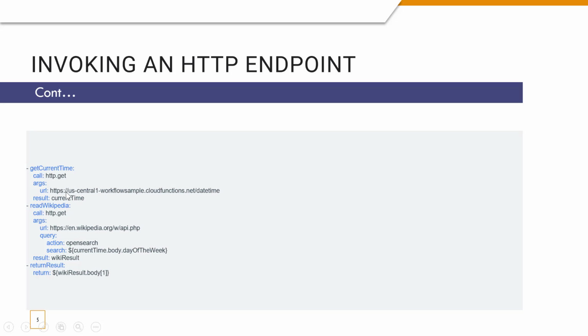Similarly, it need not be restricted to a cloud function. You can also call any HTTP endpoint, as you can see here. So this is the fundamental or the basic step that you would use if you are using workflows.